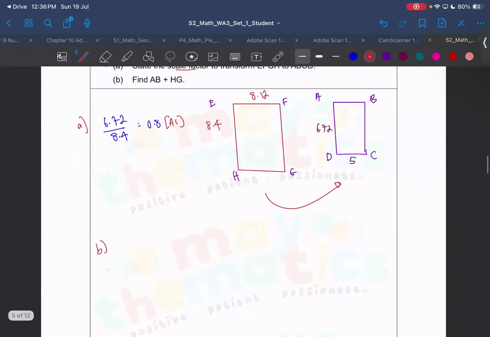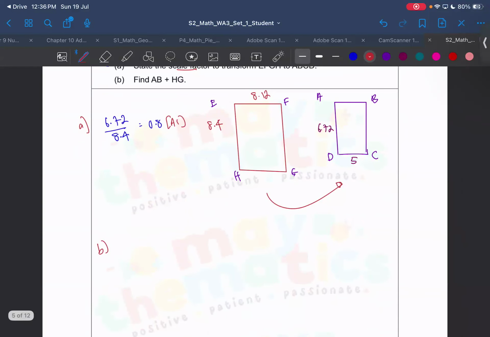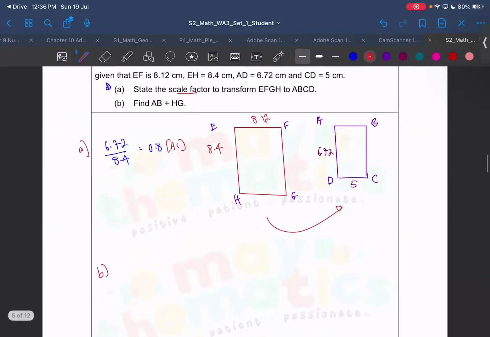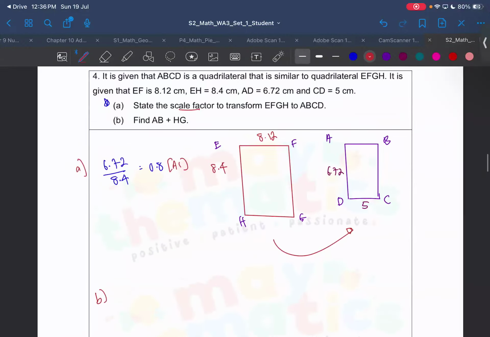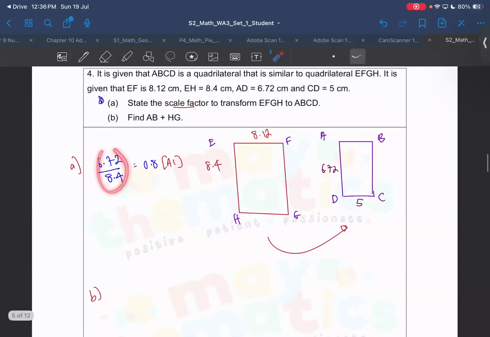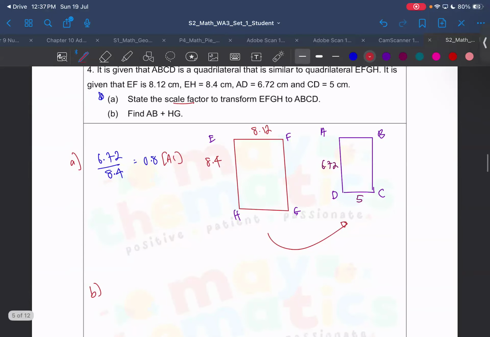So I'm going to go through a bit. Part B, did anyone attempt already? The scale factor, one of them must always be 1. You mean map and scale? So put it like 5 over 4. How do you get 5? How do you get 4?